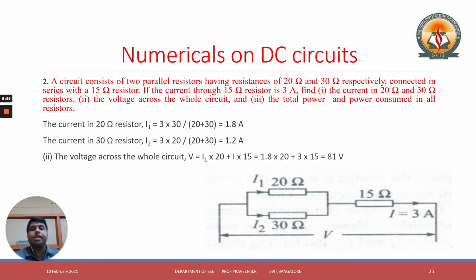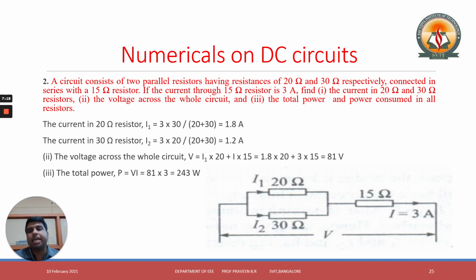We know that the parallel combination is connected in series with 15 ohm. So the 12 ohm resistor and 15 ohm resistor are connected in series. So the equivalent resistance is 27 ohms. The current that is flowing is 3. So 27 into 3 will also give me 81 volts.